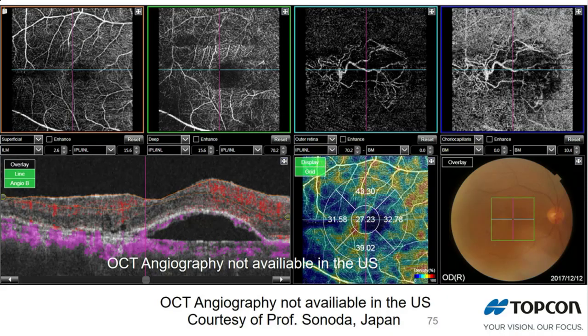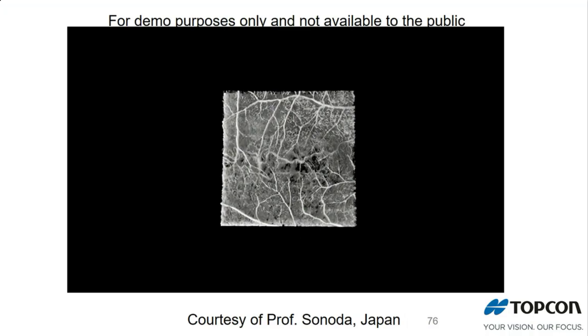Here we have an interesting case sent to me by Professor Sonoda in Japan, where we see very clearly this neovascularization. And here you see that pigment epithelium detachment. Now the question is, where is this in relation to that? And in order to visualize that, I again used the 3D program that I created.